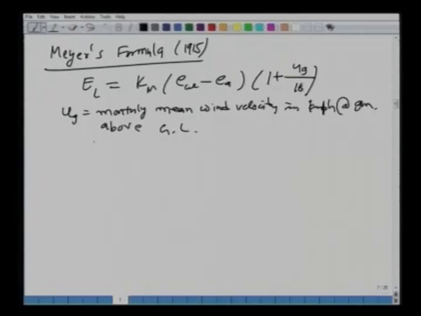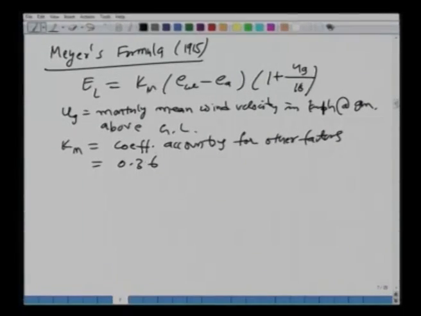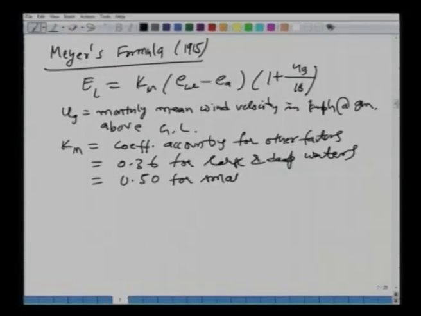And Km is your coefficient accounting for other factors, that is, the size of the lake, etc. This is given as approximately 0.36 for large and deep waters or lakes, and its value is about 0.5 for small and shallow waters.